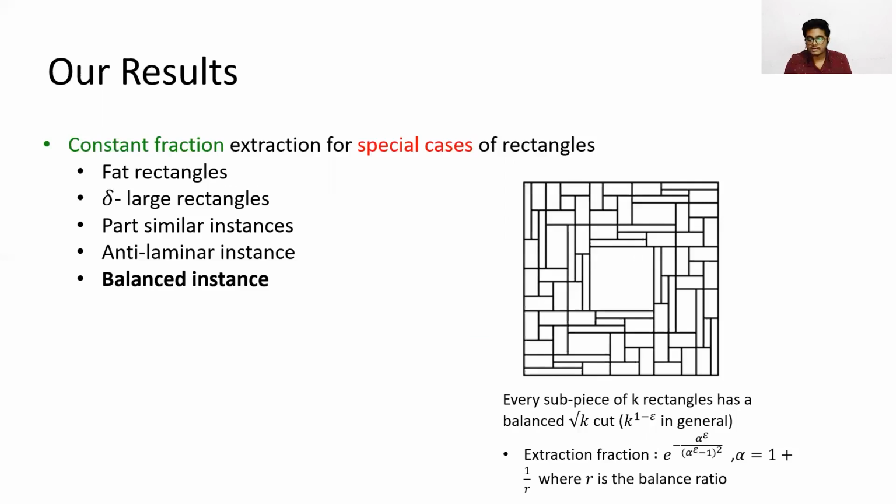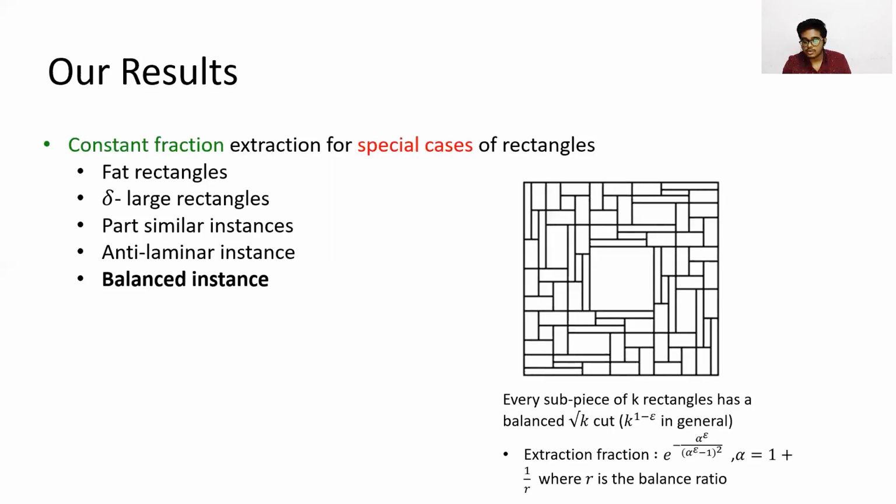And by few we mean it cuts k to the power 1 minus epsilon rectangles, where epsilon is a small number. If we have this balance property, then we can extract a constant depending on r and epsilon.